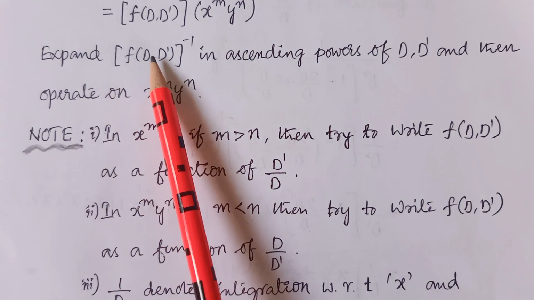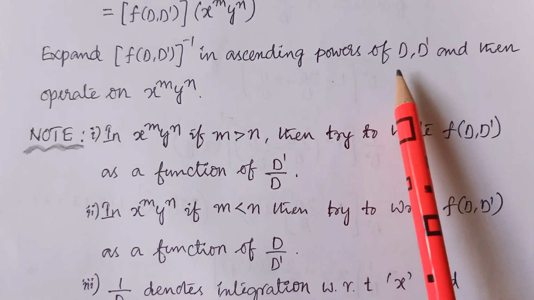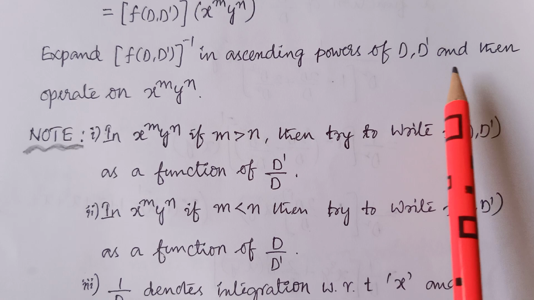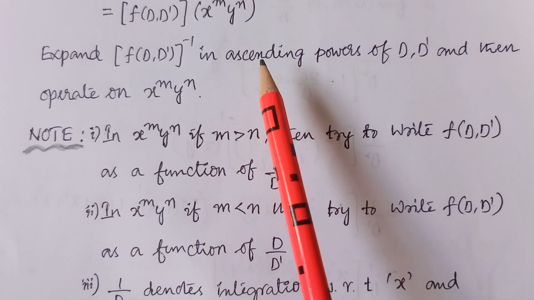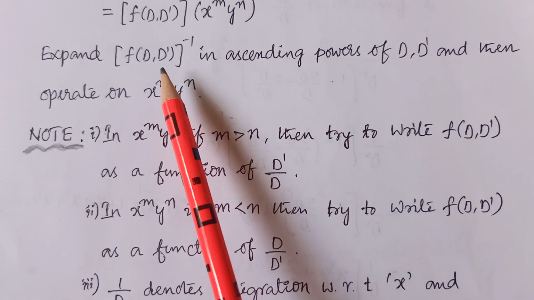We need to expand this f of D comma D dash whole power minus 1 in ascending powers of D comma D dash and then operate on x power m y power n. So we need to expand this by using binomial expansions.